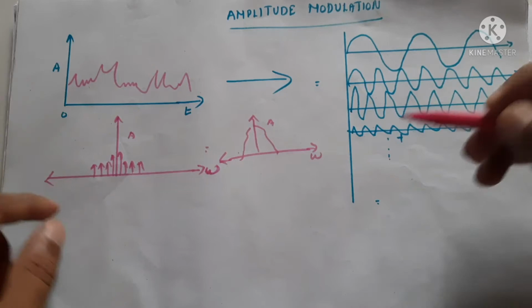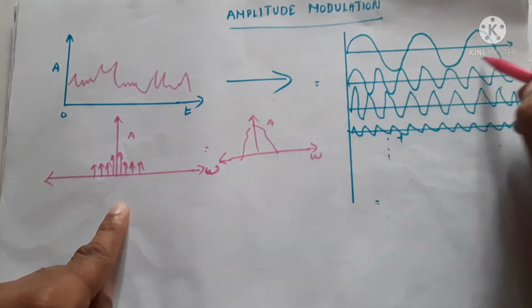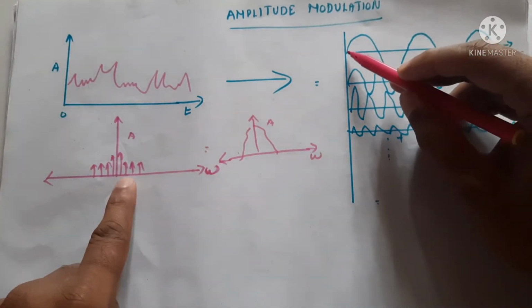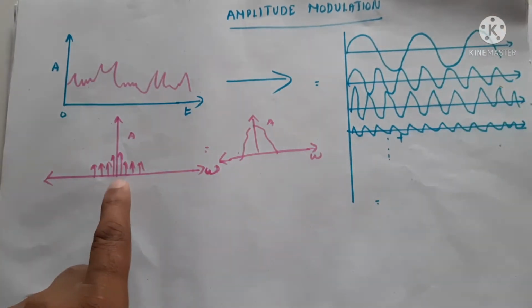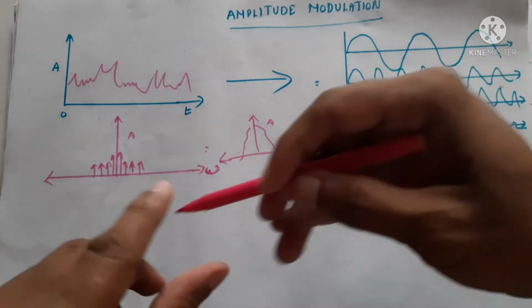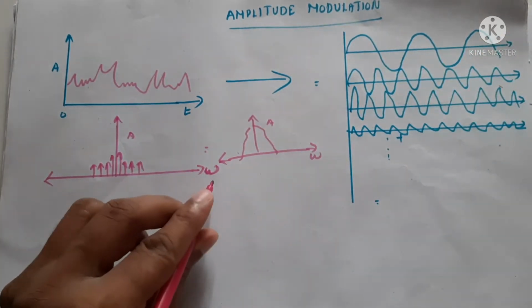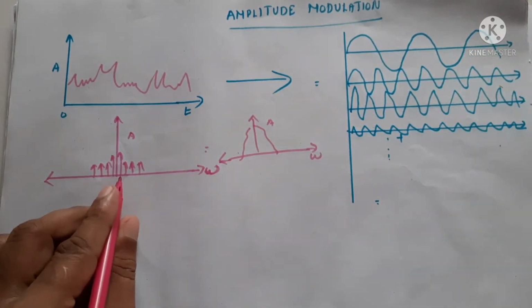The representation of frequencies is here. If we say that this is a low frequency, this is represented here, and another frequency, like that we are representing different frequencies. That is called the baseband, the frequencies that are contained in this voice.